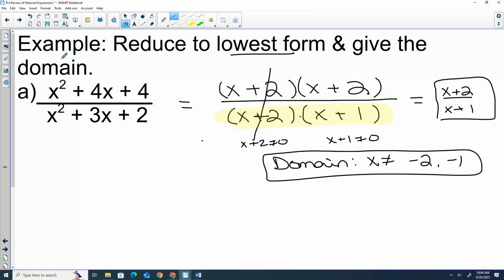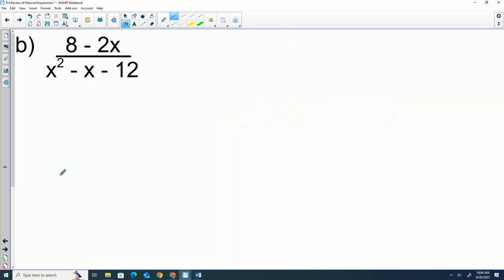All right, let's do another one. If I'm going to write it in lowest terms, or even find the domain, I need things to be factored. What would you do to factor the top? Just GCF.